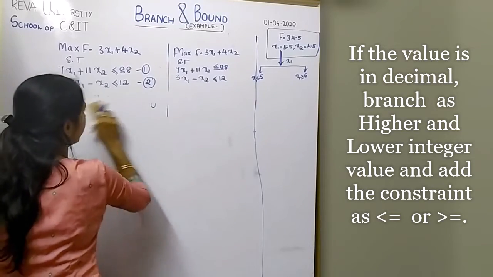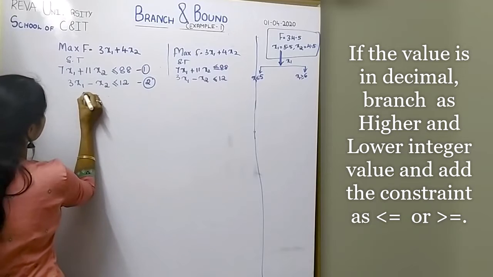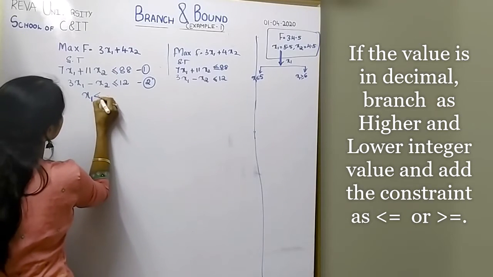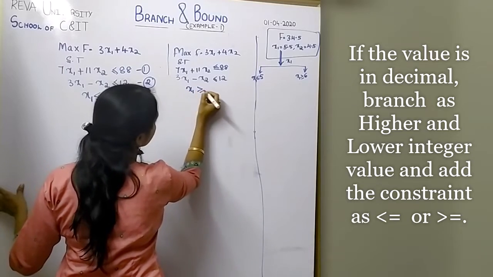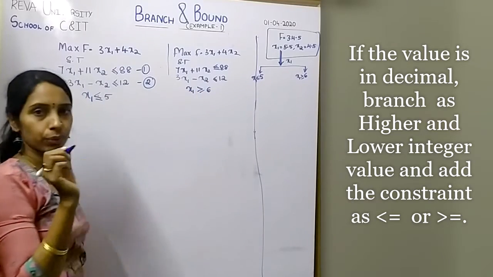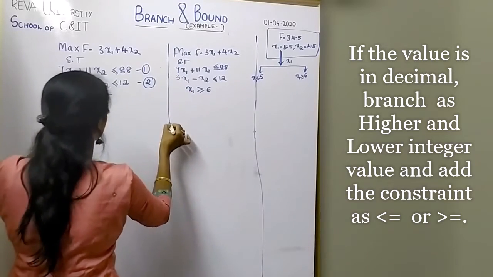Now separately we have to consider this. In the first case, along with this, x1 is less than or equal to 5. Here in the second case, x1 is greater than or equal to 6. Again you solve this.